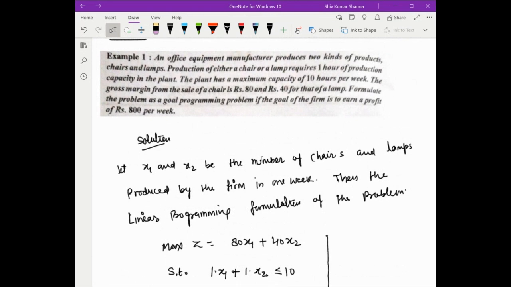If the goal or target, or we can say the aim of the firm, is to earn a profit of 800 rupees per week.